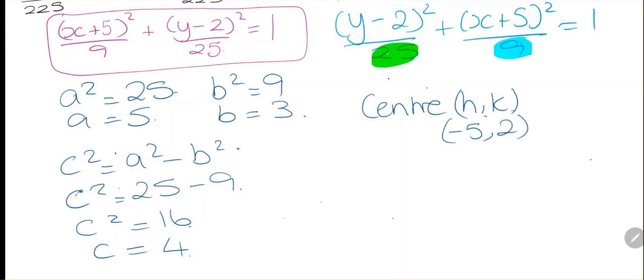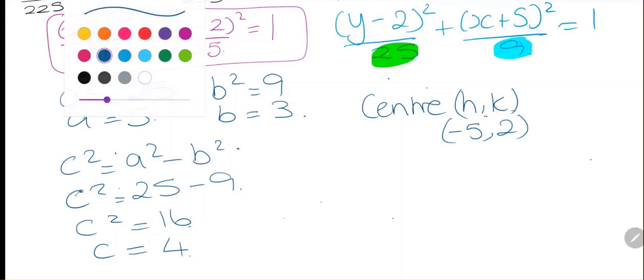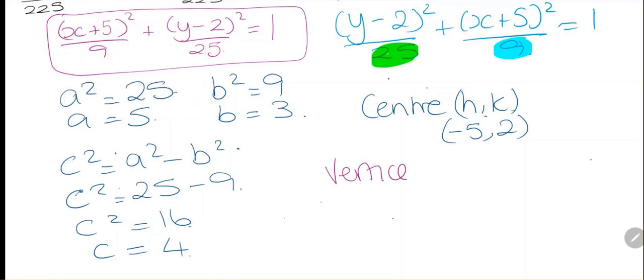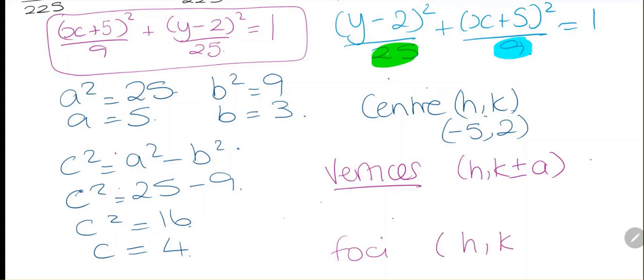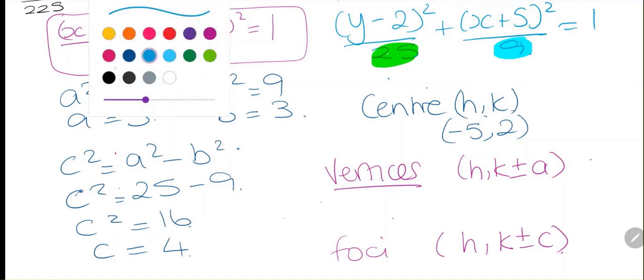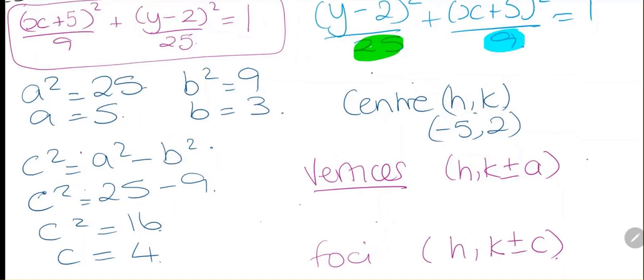So now we're going to put this into the equation. So for the vertices, this is going to be h, k plus or minus a. And we need to find the foci, which is going to be h, k plus or minus c. So let's have a look at these. So first of all, the vertices.